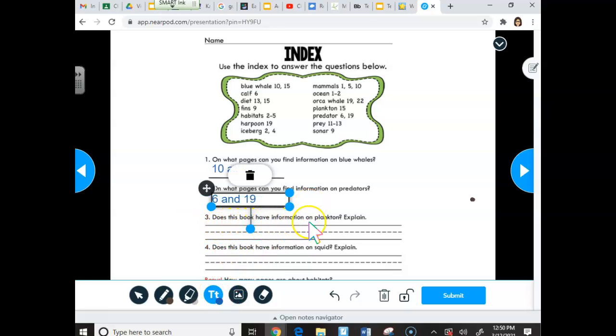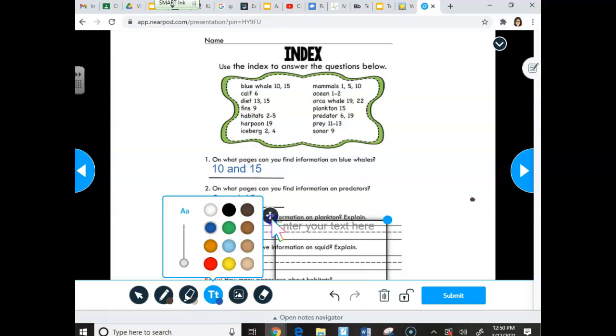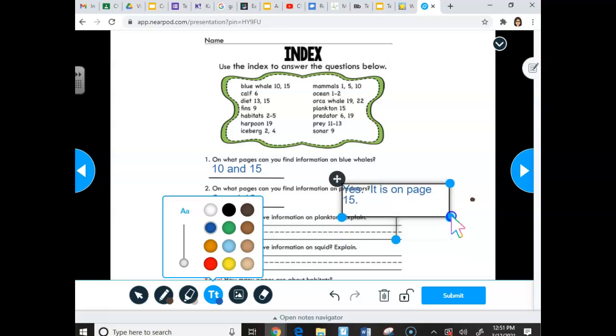Does this book have information on plankton? Explain. Plankton, I just read it. Yes, what page, guys? 15. So we can say yes, it is on page 15. So they can look on page 15 and find the information they need.